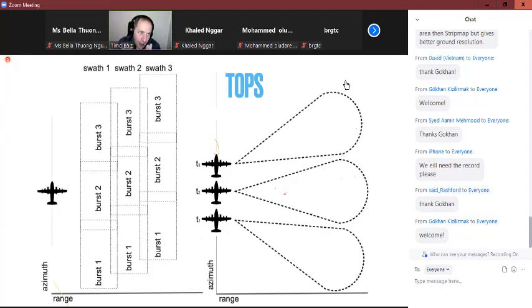Because TOPS is a ScanSAR mode, but it also changes the antenna in the looking direction for each burst. So what is happening in spotlight mode, we're looking forward while we fly and then we look backward. In TOPS it's the other way. We look backward and we fly and then we end up looking forward.